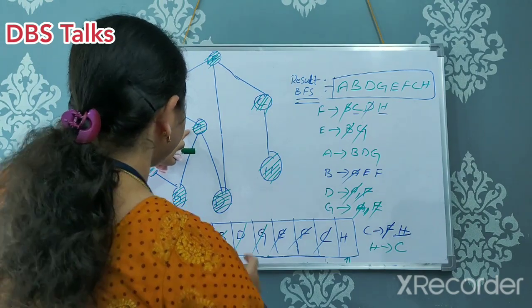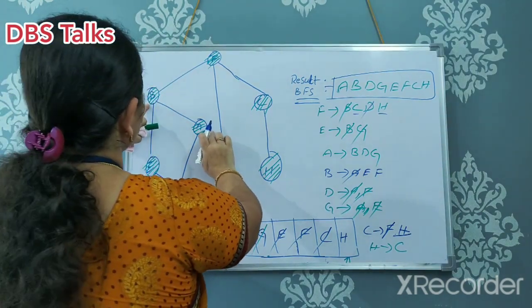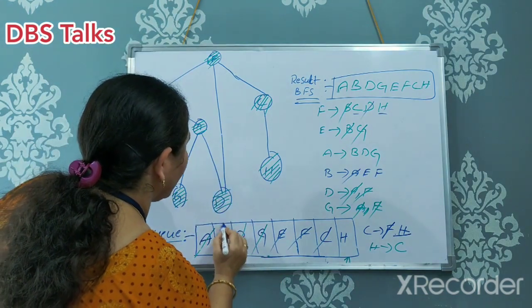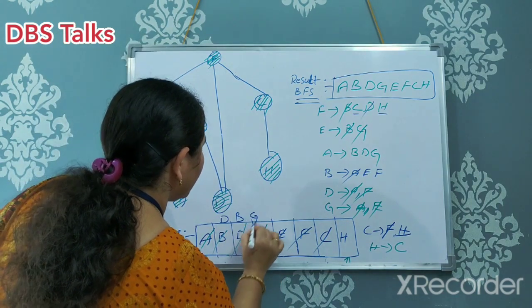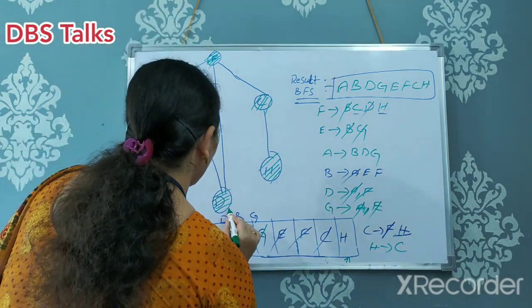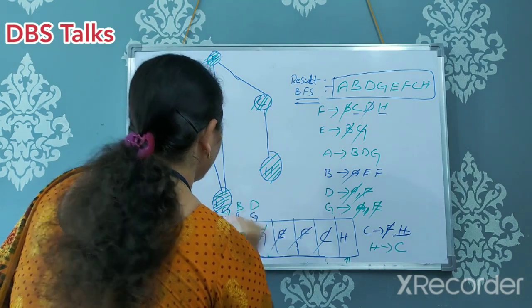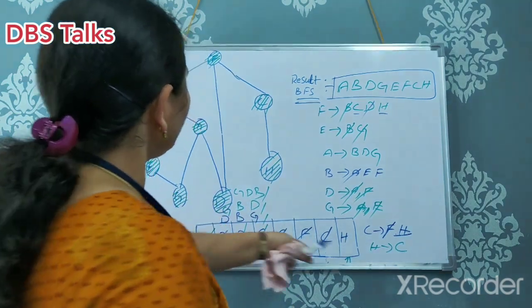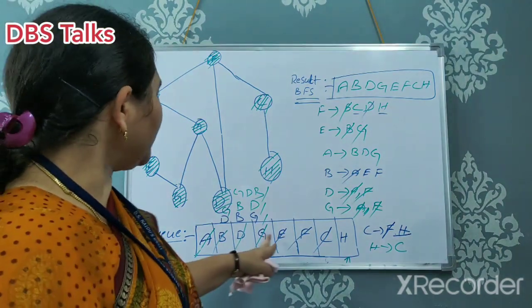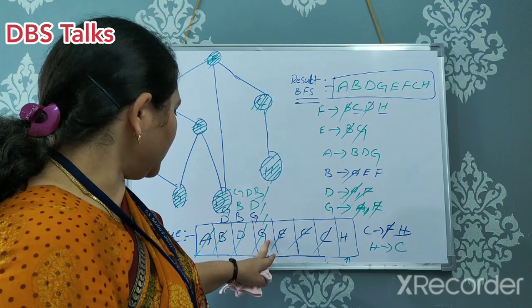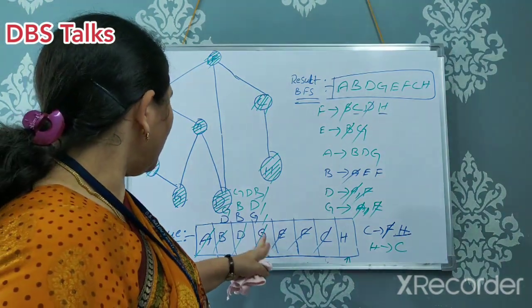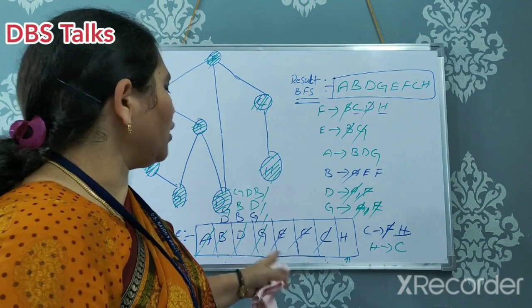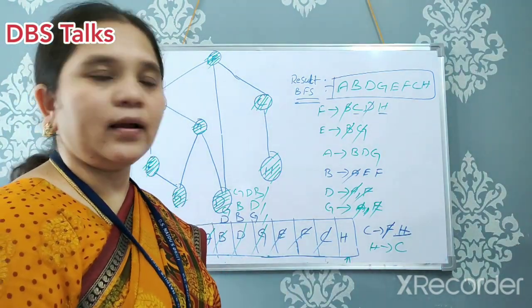Here I will consider the adjacent vertices of A: B, D, G. We can follow the order D, B, G, or G, B, D, or G, D, B. So there are numerous ways to perform it. Here I am following the original order B, D, G, but either way we can follow, and we need to consider it at every step.